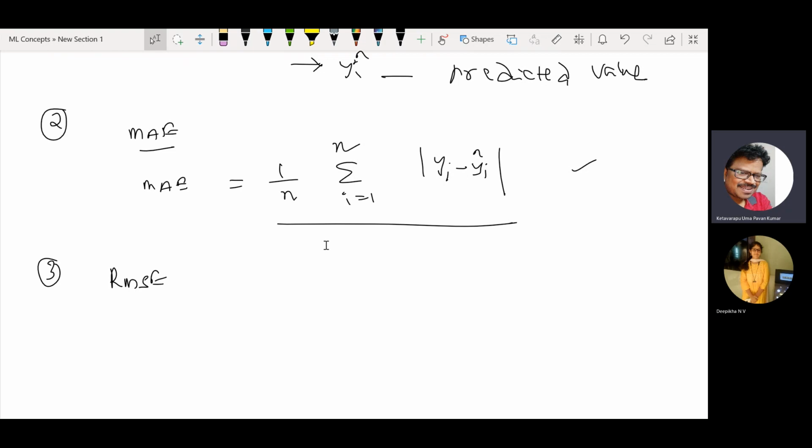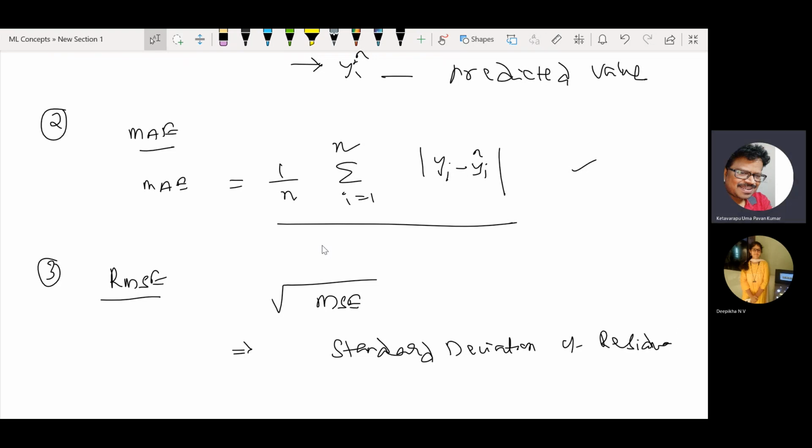So as the name implies, root mean square error is the root of the MSE. It measures the standard deviation, as with variance and standard deviation. So it is giving us the standard deviation of the residuals.